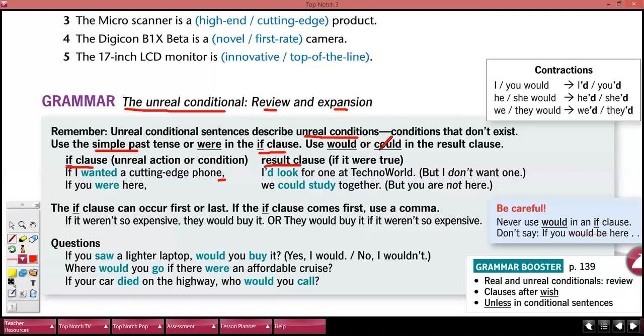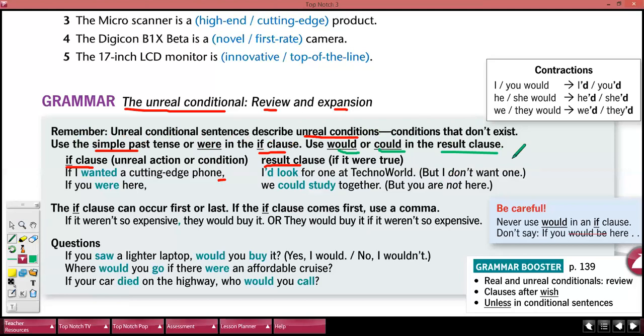Use would or could in the result clause. We're going to use these 2 modals in the result clause. Remember, when we use these modals, the next verb, the main one, is going to be in base form. No worries about it.